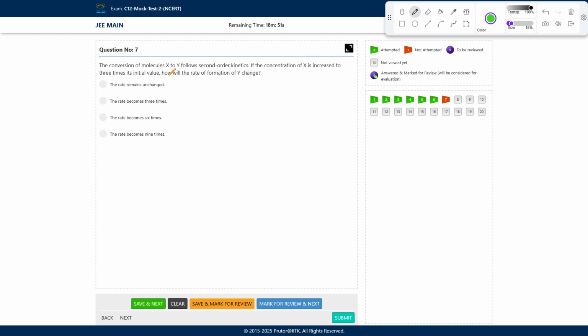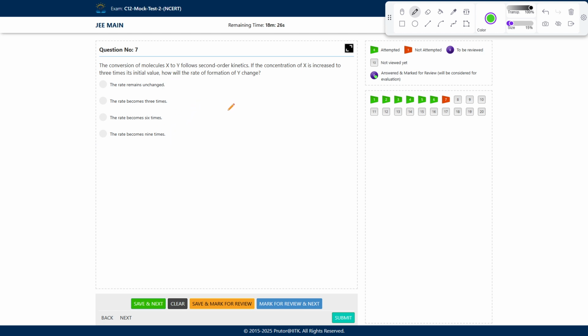We have been provided 4 options. The first option is that the rate will remain unchanged. Second, rate will become 3 times. Third, rate becomes 6 times. Or fourth, rate will become 9 times. So you have to tell which option is going to be the correct answer, right?